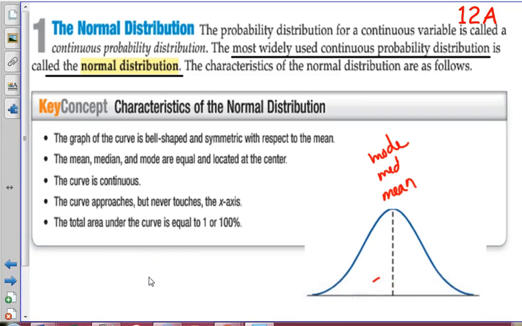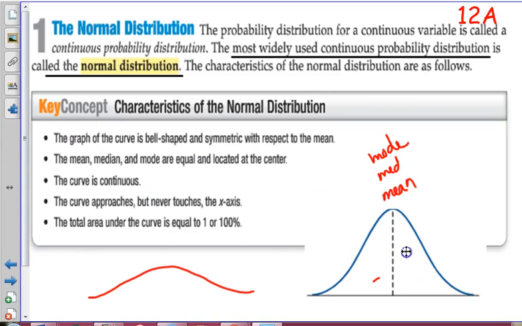So data is normally distributed if it has something like this shape. It doesn't have to be exactly that. It could definitely be more like this, okay? But it's bell-shaped. The mean, median, and mode are roughly all at the same place.